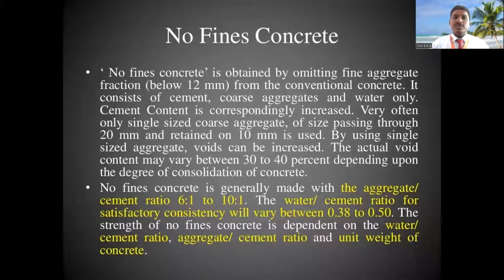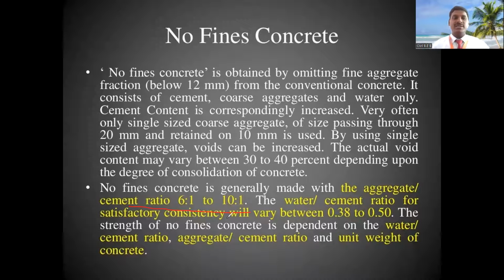Why are we not using the fine aggregate? The actual voids of 30 to 40% are retained, which we could minimize by using fine aggregates. So generally we are using only cement and aggregates, in a proportion of 6:1 to 10:1.